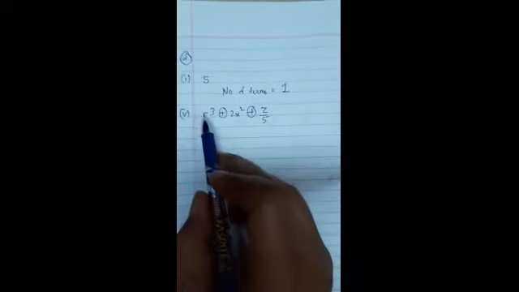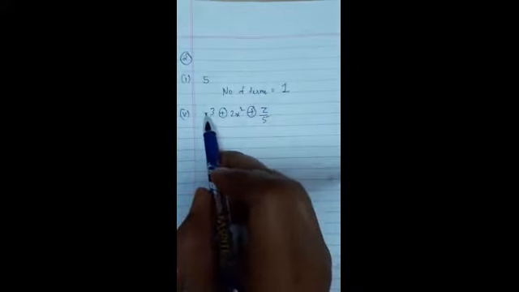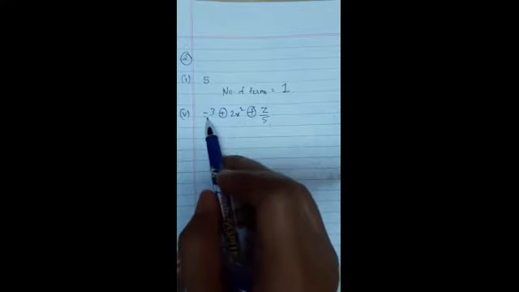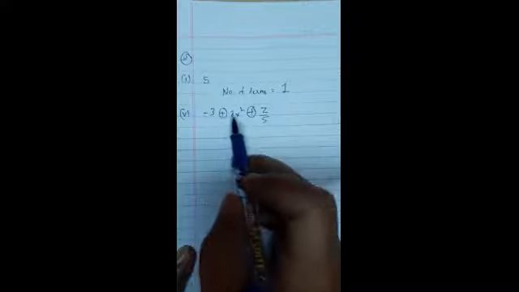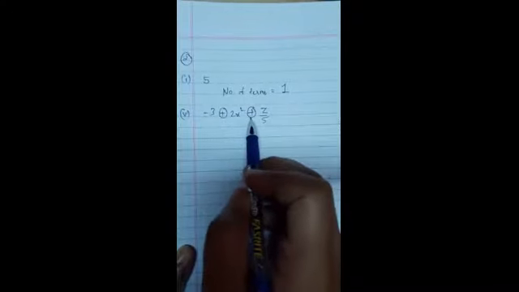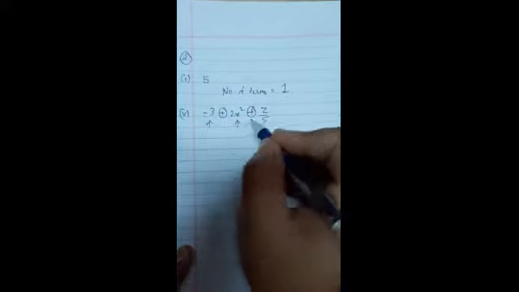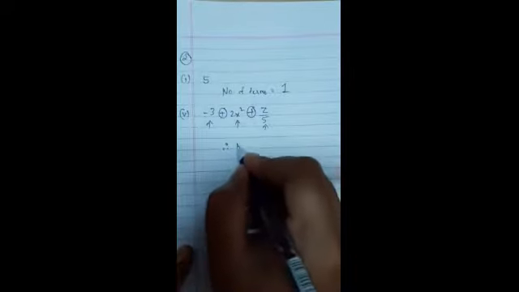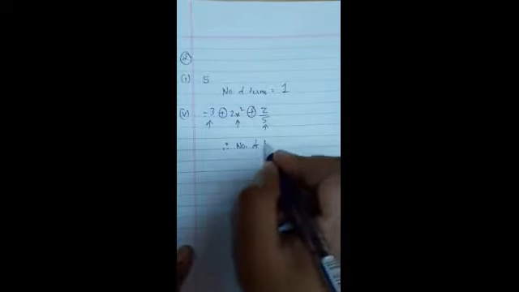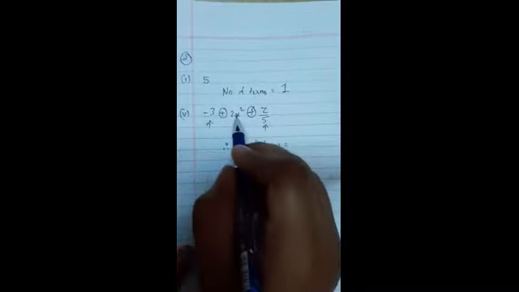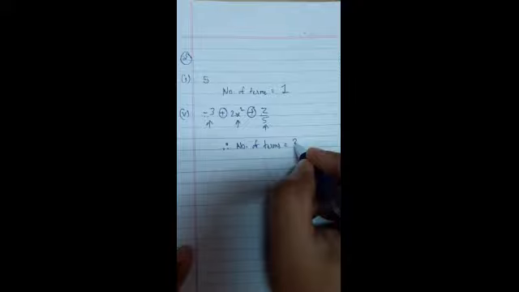I am not encircling this because this is simply the sign of this number. That means this number is negative. I am not including it. So this is going to work as a separator, this is going to work as a separator. How many terms in total? This is the first term, the second term and the third term. Therefore, number of terms will be equal to 3. I hope you are getting it.